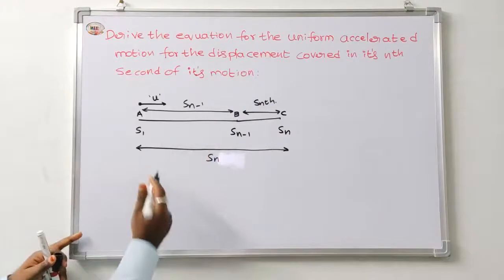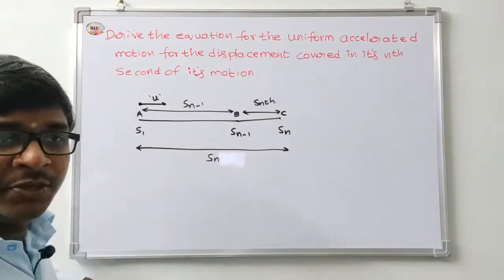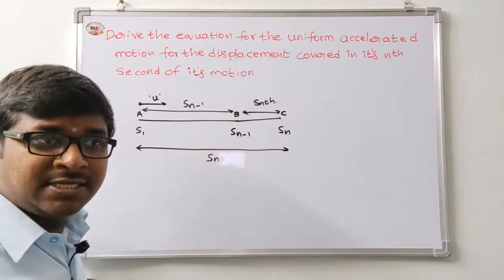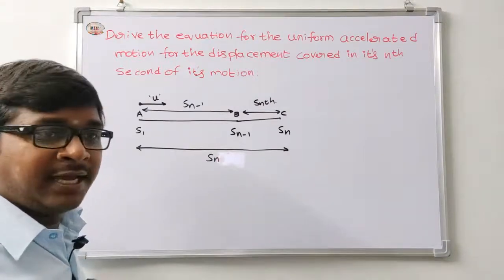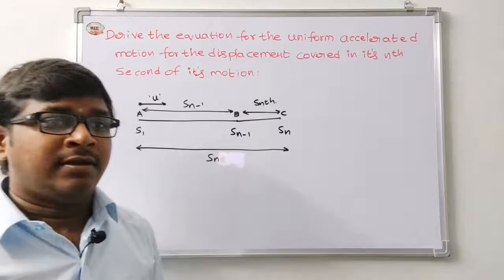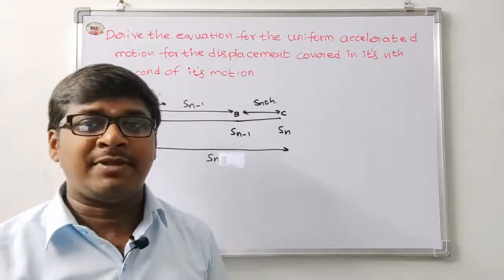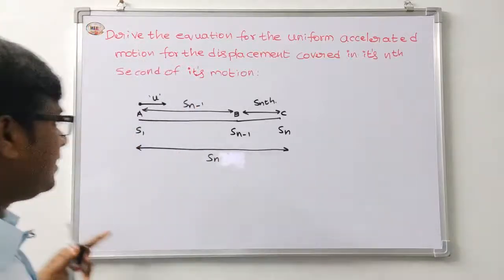So let us consider a body moving with initial velocity u, which after some time becomes the final velocity v. If the final velocity continuously increases, then the acceleration will be positive. If the final velocity decreases with respect to time, that is retardation or negative acceleration, students.